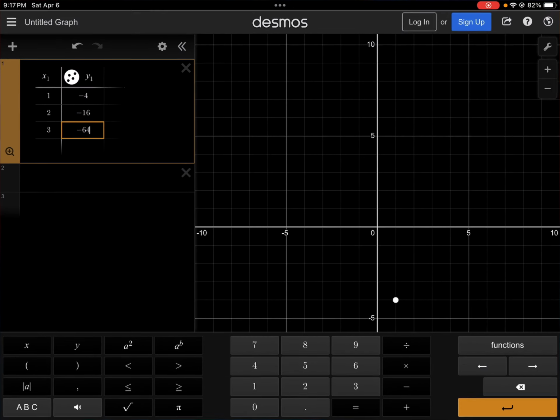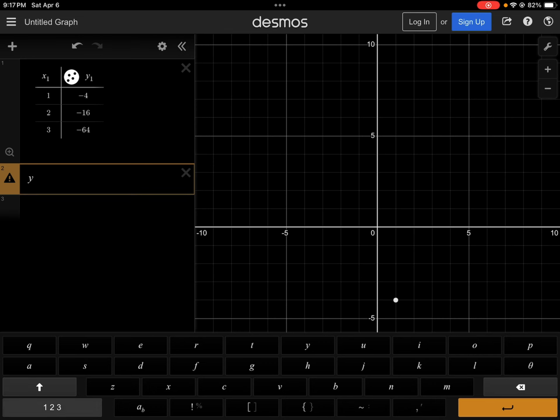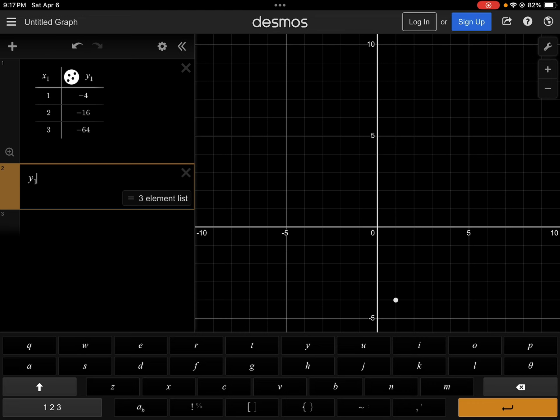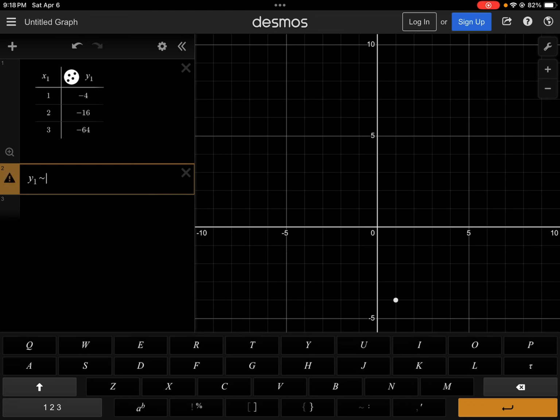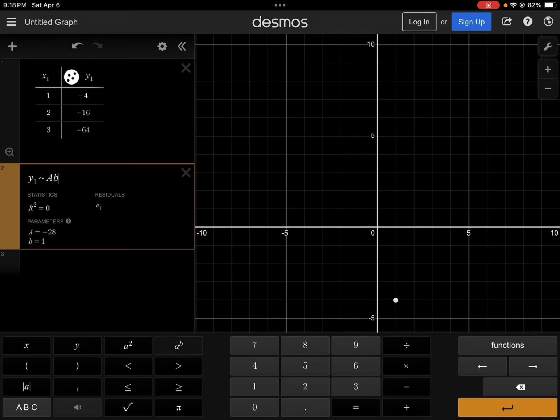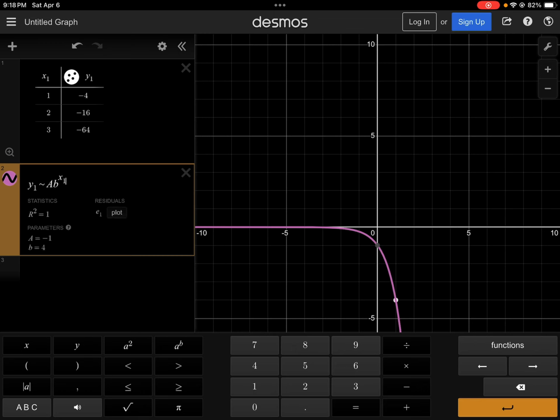Okay, and then I remember y equals ab to the x. Of course it's going to be y1, squiggly with a capital A, then b, wherever b is, b, and then it's going to be to the x1, and it's going to give me what a and b is.